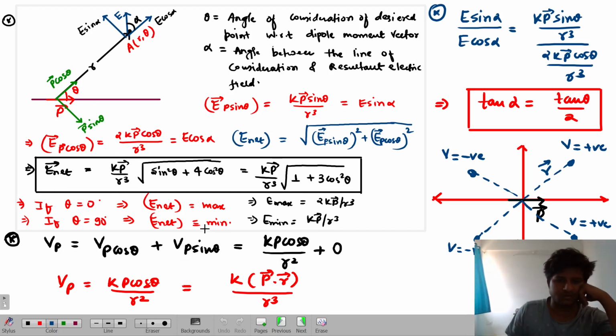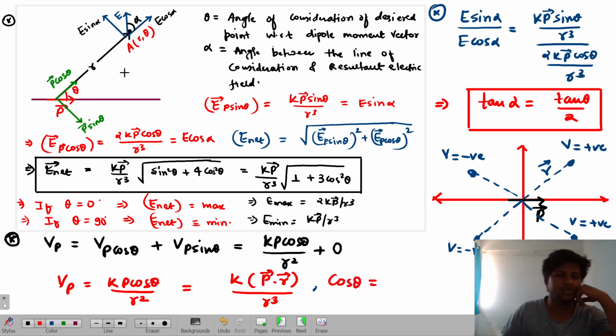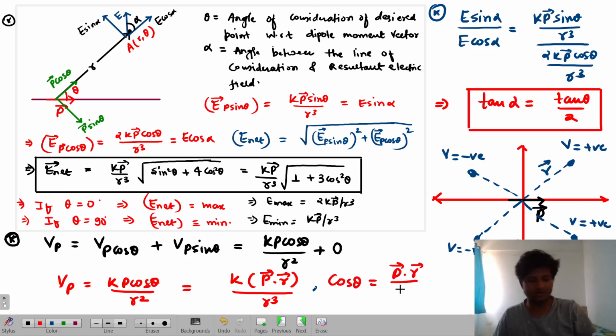There is a rule to find cos theta. See, in the easiest way, what is cos theta? Look over there. If we know p vector and r vector, then cos theta is easier to find, isn't it? Cos theta is simply p vector dot r vector divided by the magnitude of p and r, isn't it?